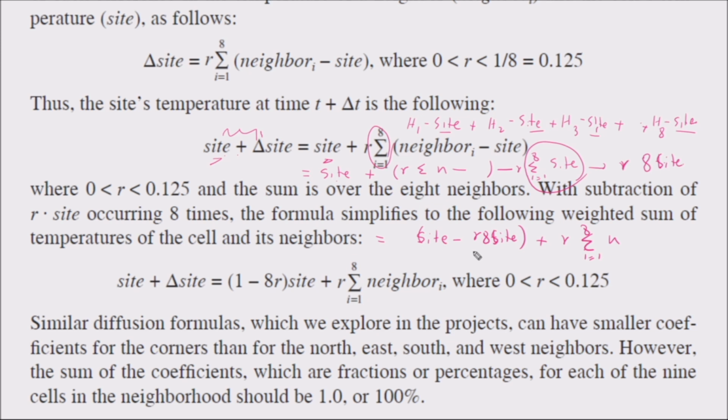So when I take the site out from here, I can put it here, and then I have 1 minus 8r right here. So this is nothing but this guy plus r times the neighbors' value, whatever it is, and then the r is nothing but 1 over 8, right? So that is the only simple simulation.